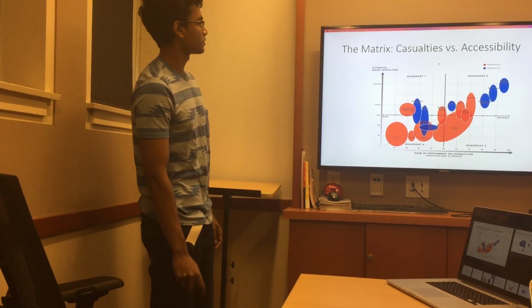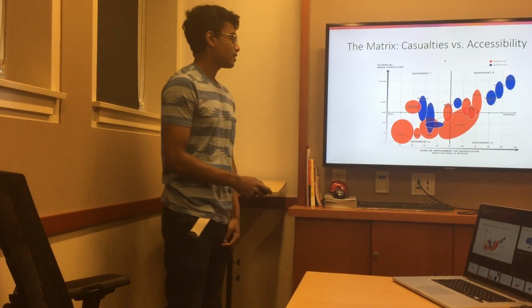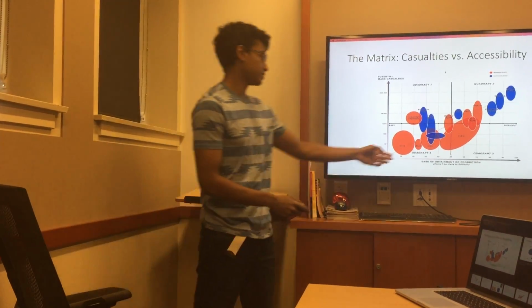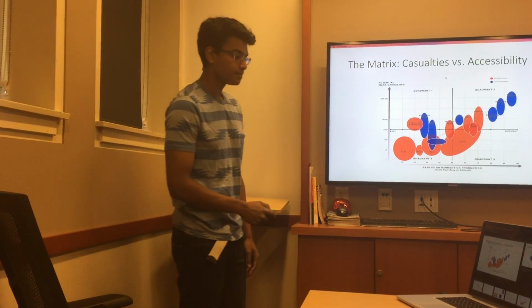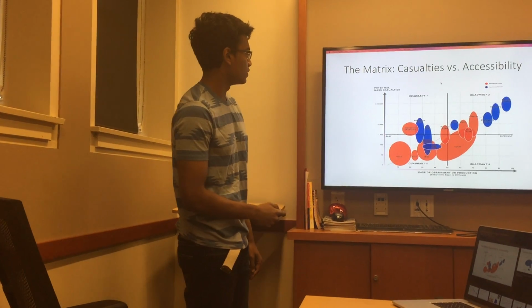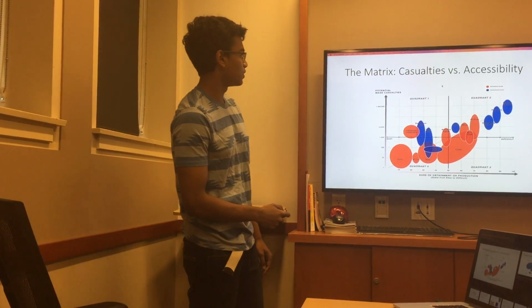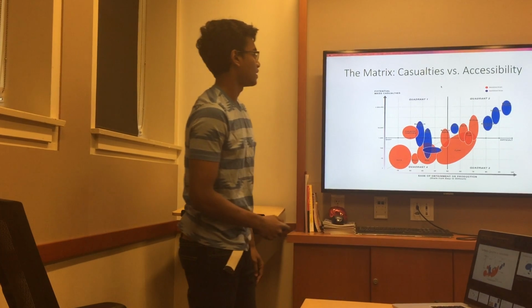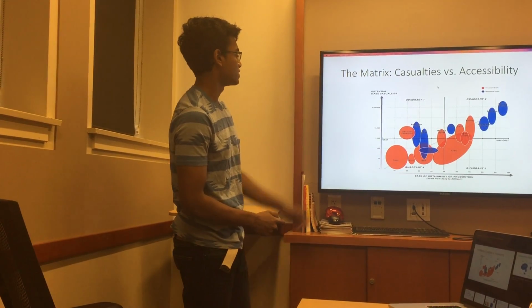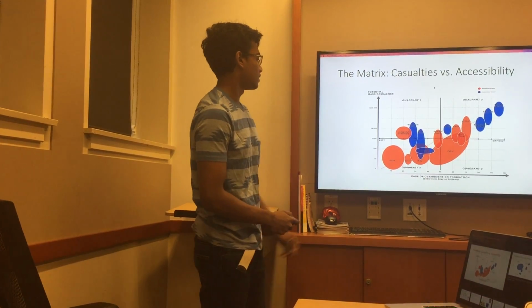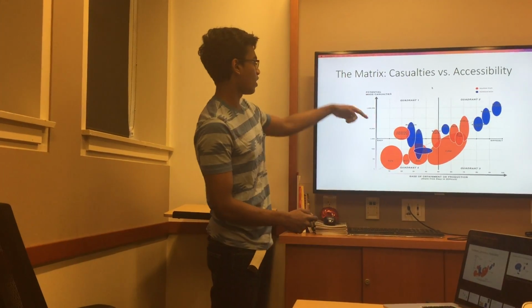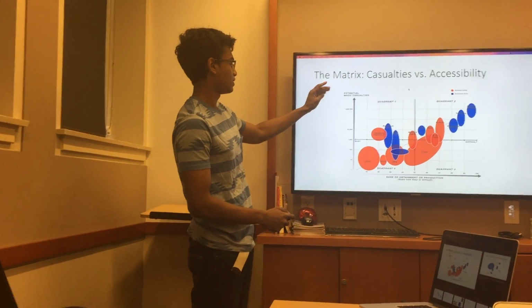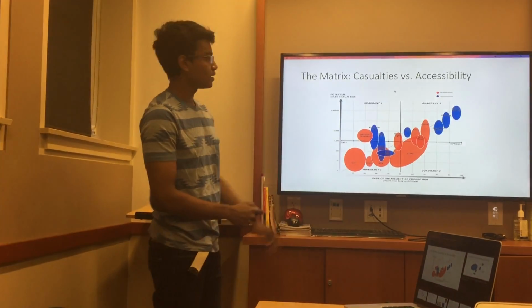So here we have casualties versus accessibility, and on the x-axis we have ease of obtainment, and on the y-axis we have potential casualties. Specifically, what we can see is that we have 4 quadrants, and in quadrant 1 it's easier to obtain, and its cost is higher than quadrant 4.